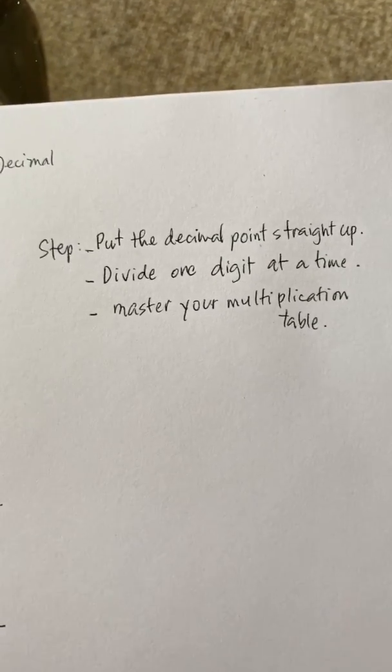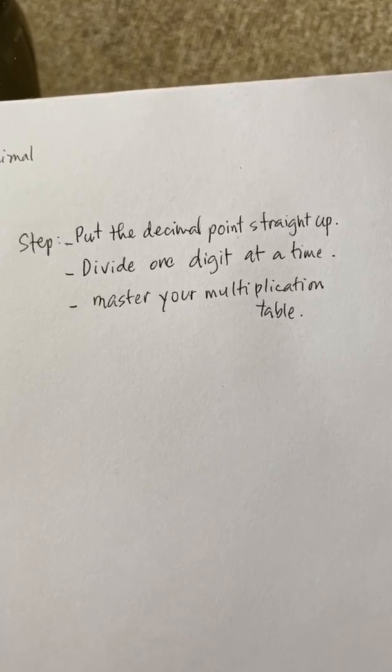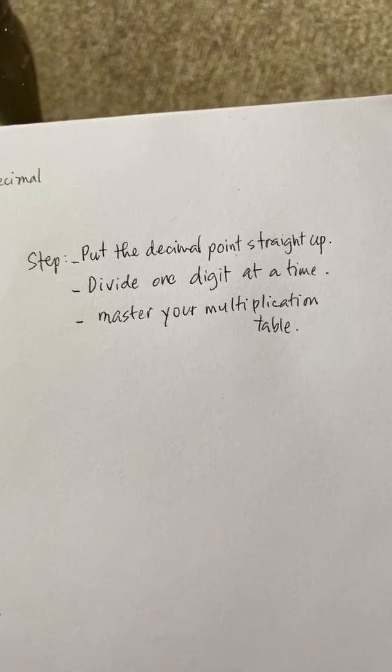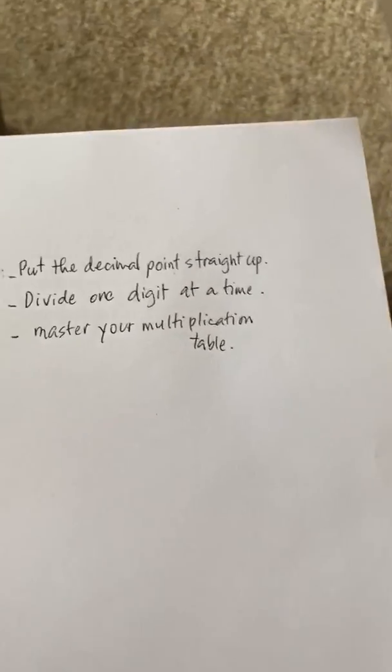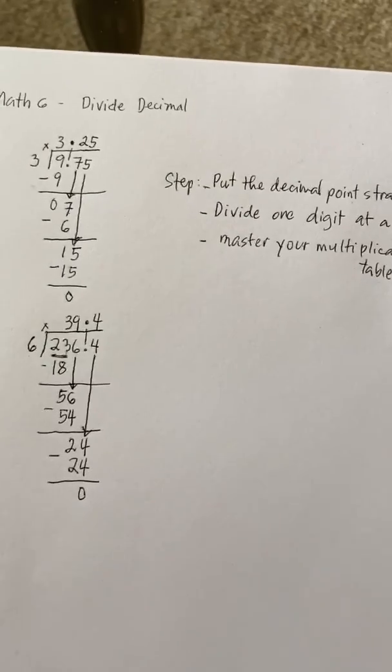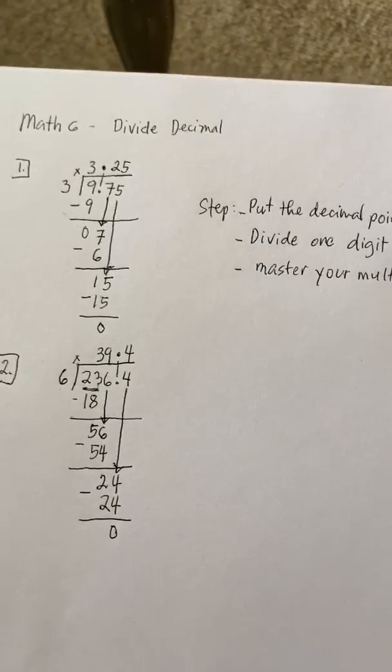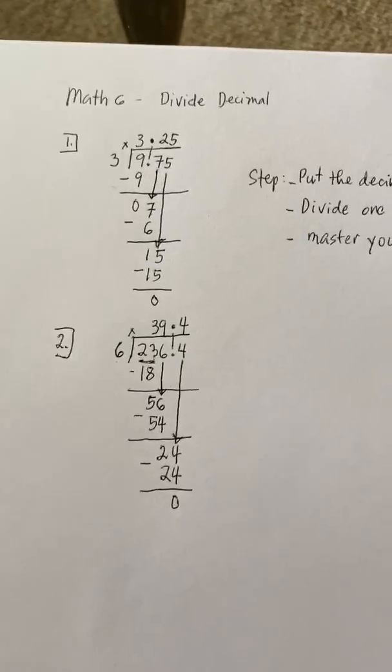I say it's simple. It's because if you know these steps, any number that's given to you, whether it's a small number, a big number, these are the basic steps on how to deal with division, especially dividing decimals.